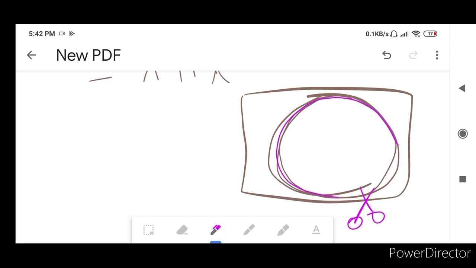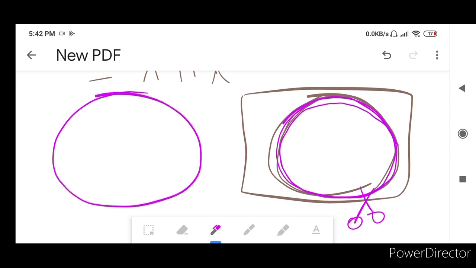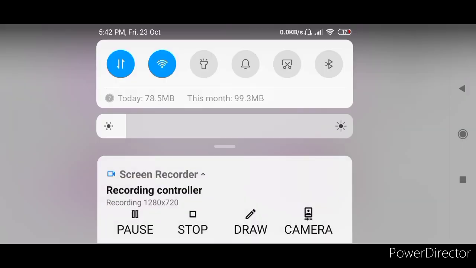After cutting it, you get a circular thing, right? Now I am drawing a sector here. Let me draw the sector first.